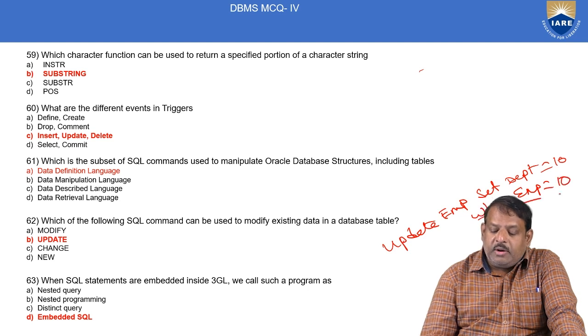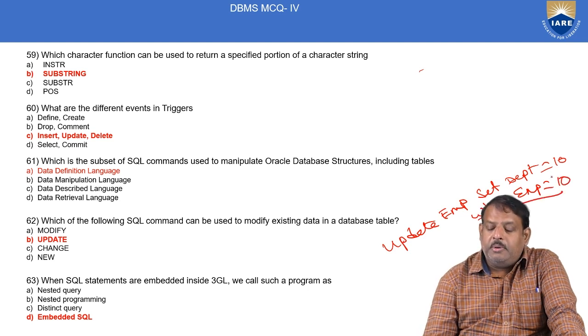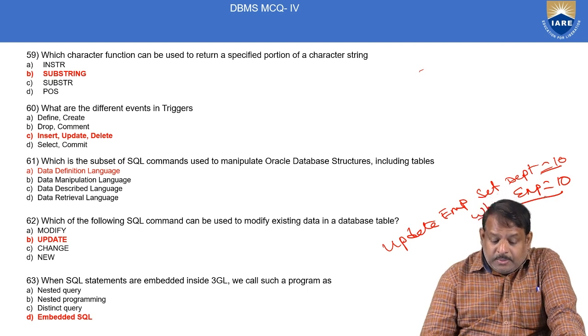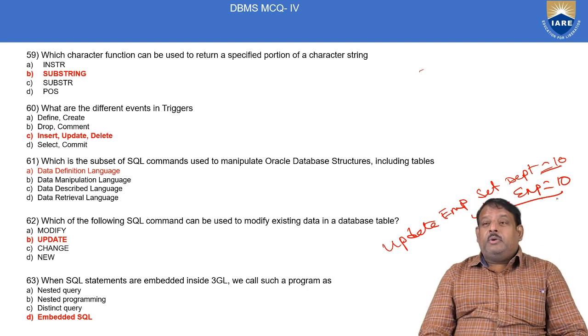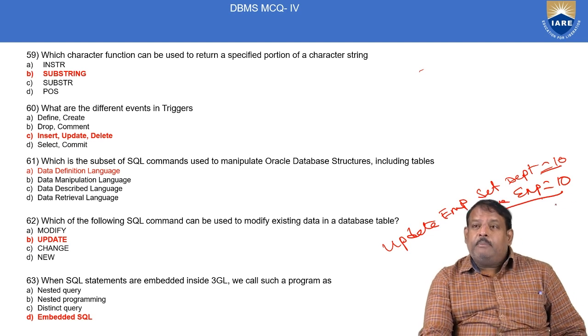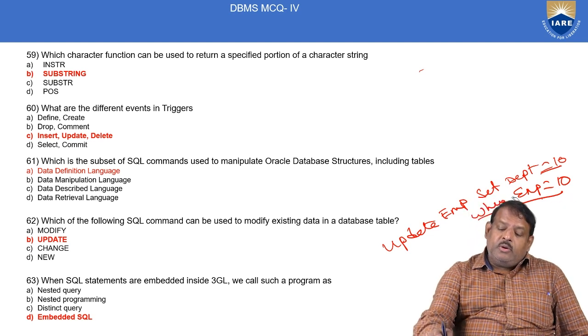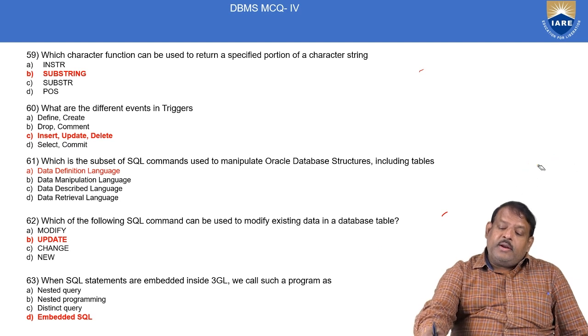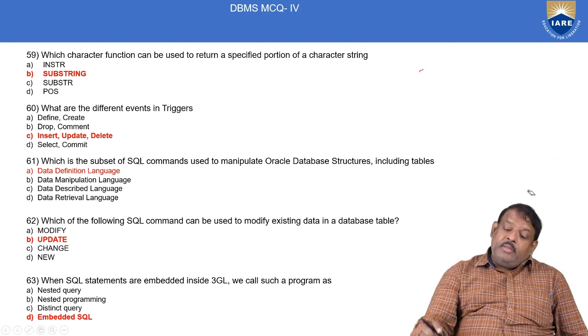If I don't give the where clause, every employee in the table will be updated. But here I'm saying for employee 10, make it that value. So update is the command used to modify the data in the record.